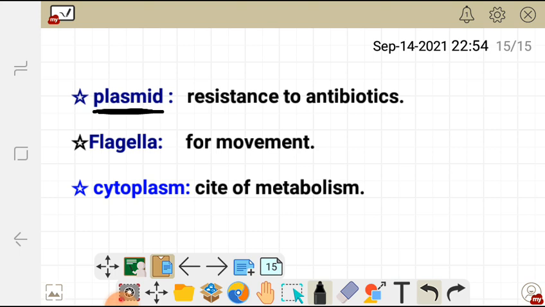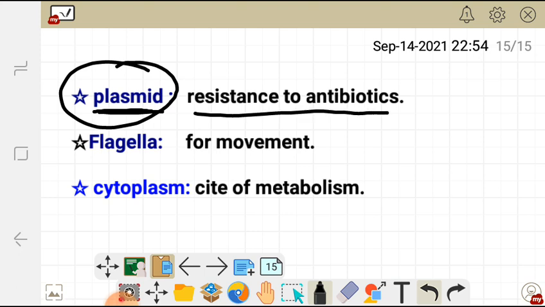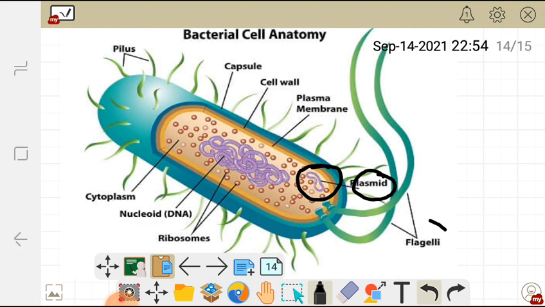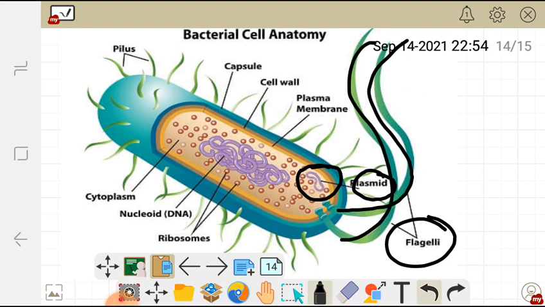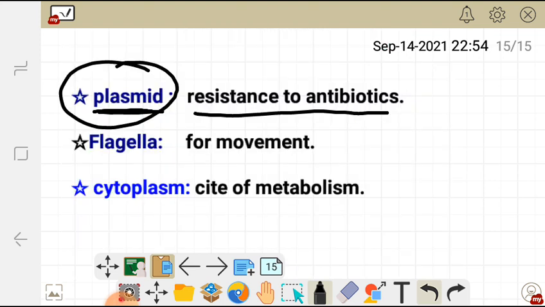When we take antibiotics, the plasmid helps the cell to resist the antibiotics. And then the flagella is this tail-like structure here, which helps in the movement of the prokaryotic cell, which is the bacteria.